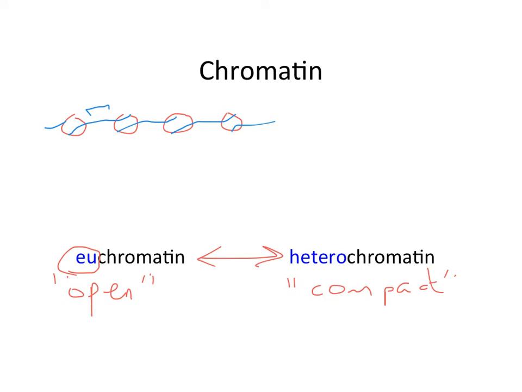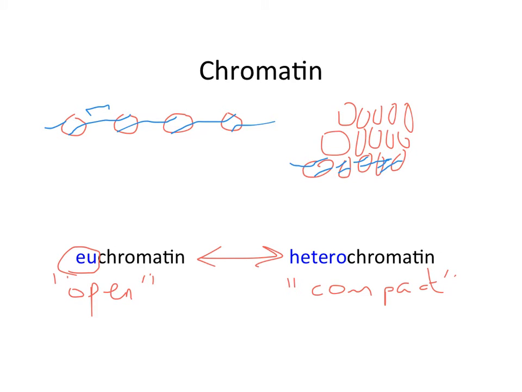On the other hand, there are times when chromatin is very compact, when all those nucleosomes are bunched up next to each other, and bunches of nucleosomes are bunched up with other bunches of nucleosomes, and that's what your reading talked about as sort of higher order chromatin structure. Beads on the string and supercoiling. So there's still the same amount of DNA wrapped around each one of these histones, each nucleosome.